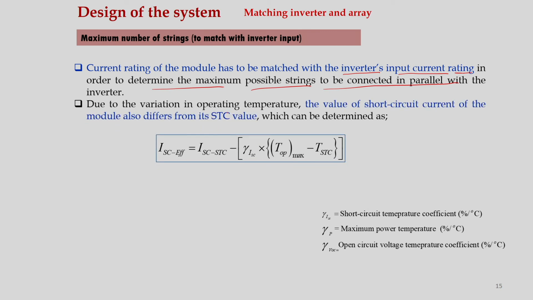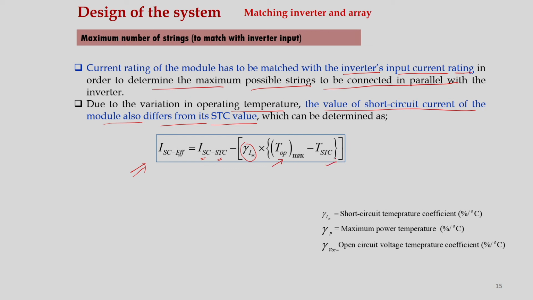Due to the variation in operating temperature, the value of short circuit current of the module also differs from its STC value, that is obvious. So, if we need to account for those variations, then we need to use this equation. ISC effective is ISC, that is short circuit current under standard test condition, minus this temperature coefficient for short circuit current multiplied by T operating maximum minus TSTC.